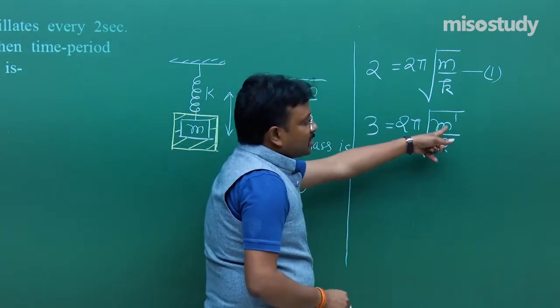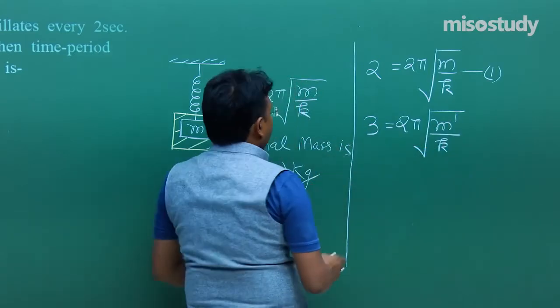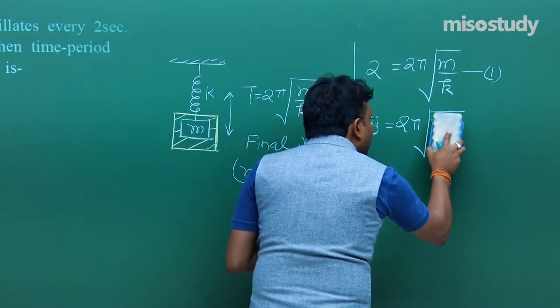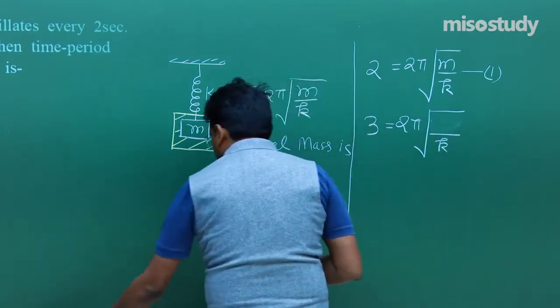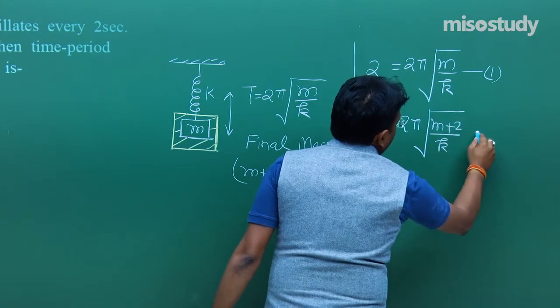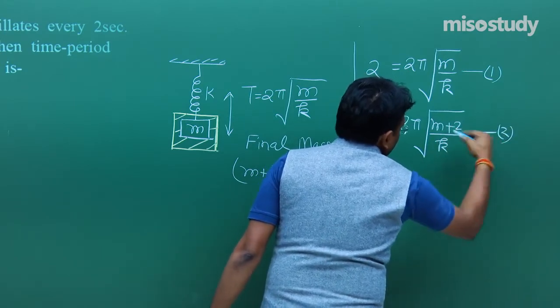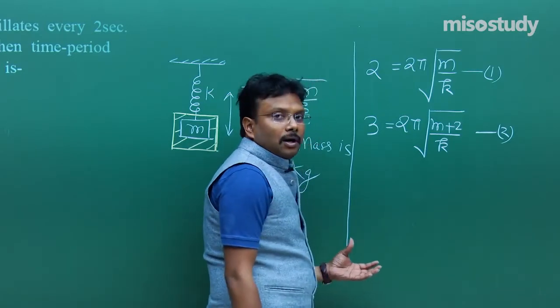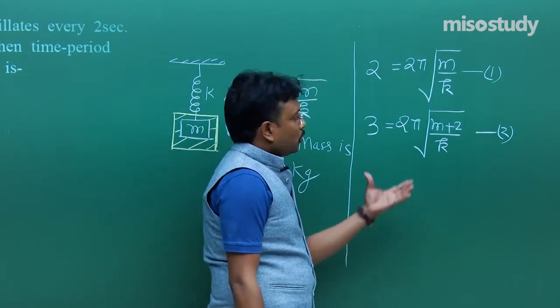And what about m prime? So m prime is nothing but, my friend, m plus 2, equation number 2. So now these equations are going to be the part of your recording. At any point of time you can take a look.